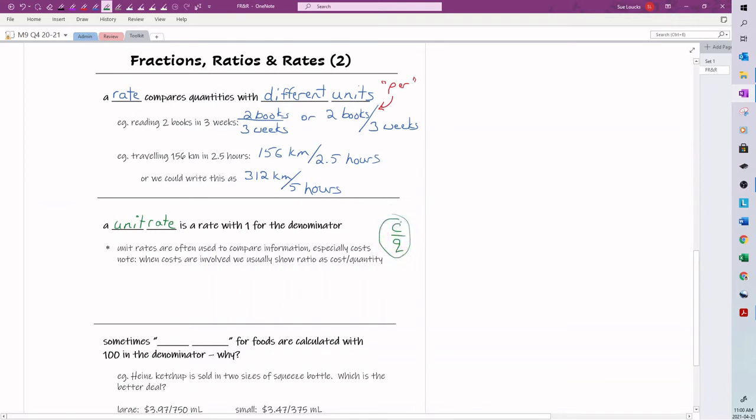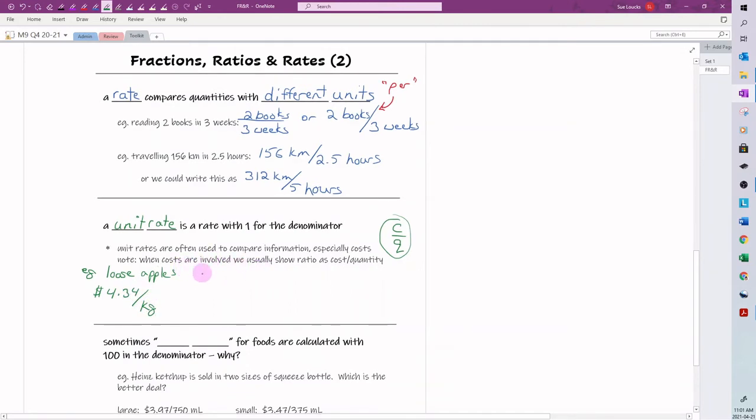It's cost per quantity. So for example, if I'm at the grocery store and I'm looking at apples and I'm buying them loose or bulk, the price on whatever day I checked for whatever kind of apple I was looking at this day was $4.34 per kilogram.